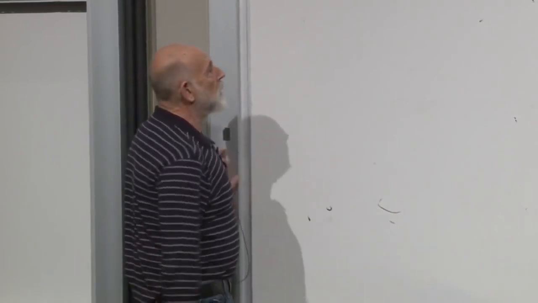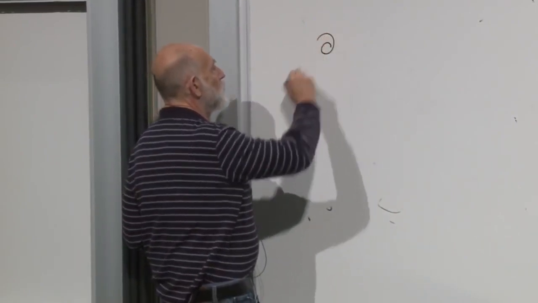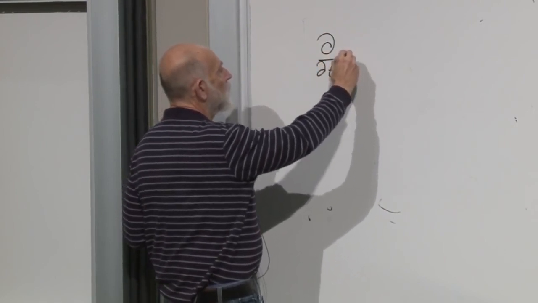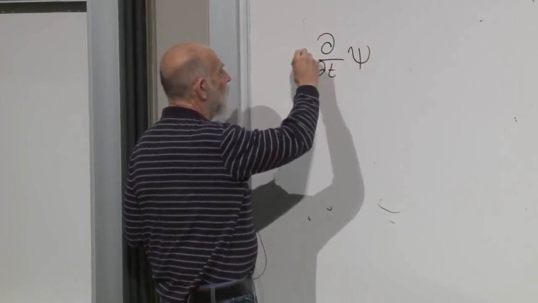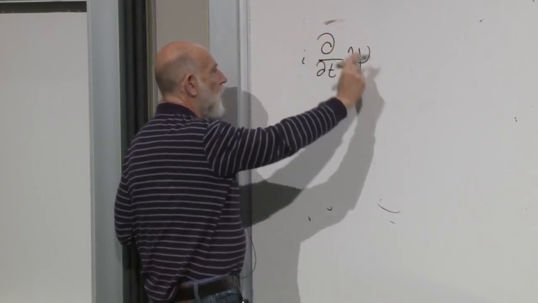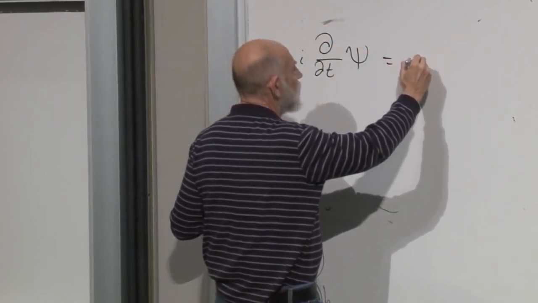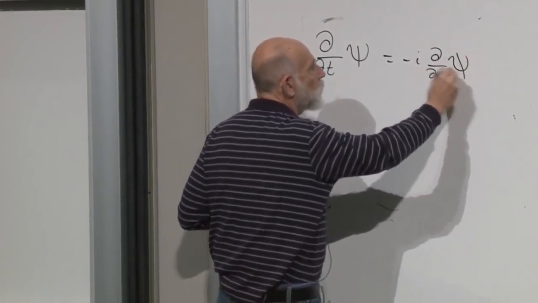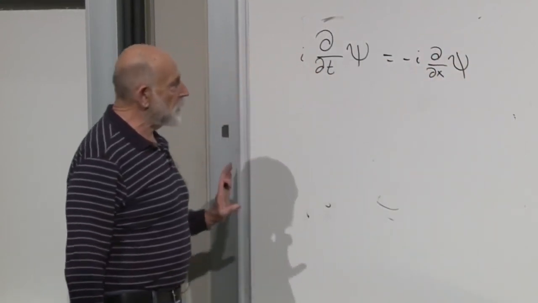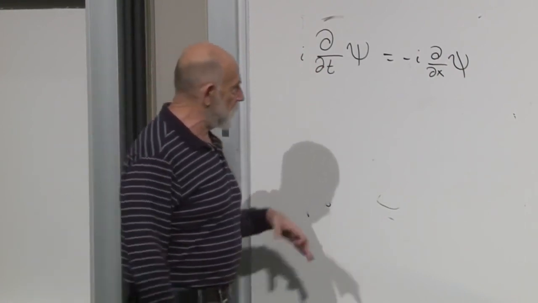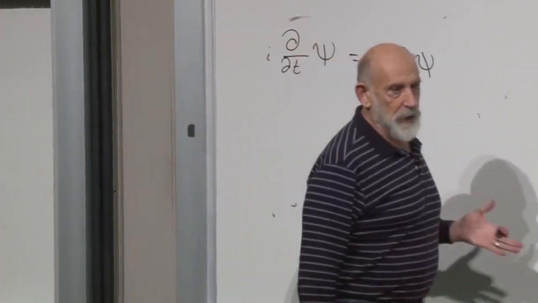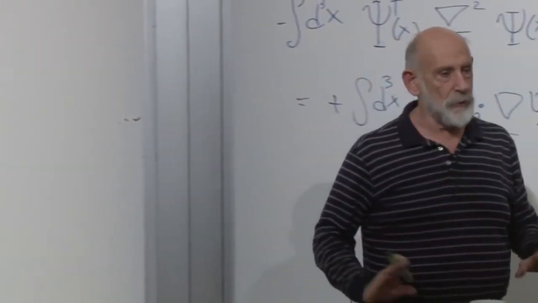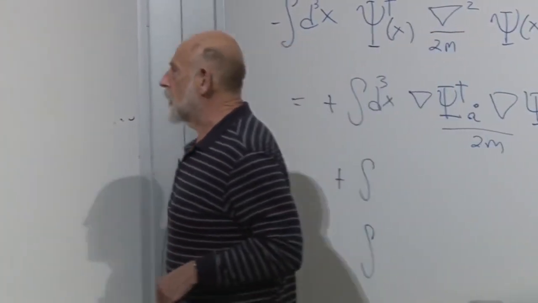The simplest thing was just to write an equation which was d by dt of psi, let's put an i there, i psi equals minus i d by dx psi. This was for the case of one dimension. Now this psi here is, let's say, a wave function for a single particle. For the moment, we're just doing single particles, one particle.